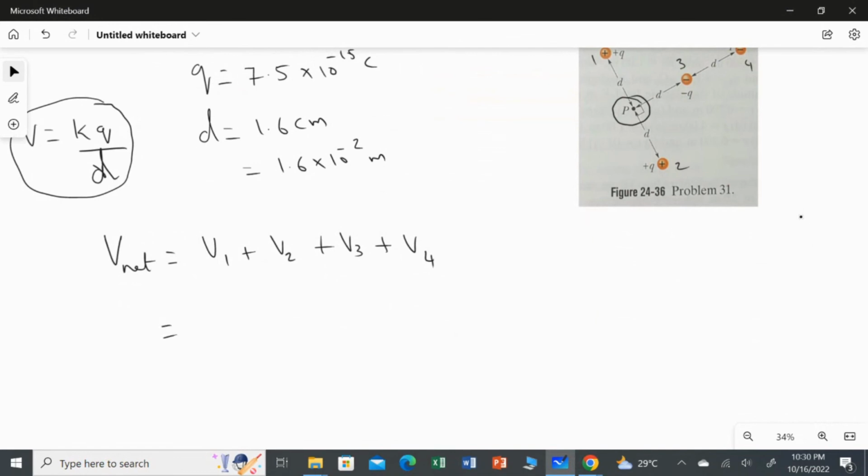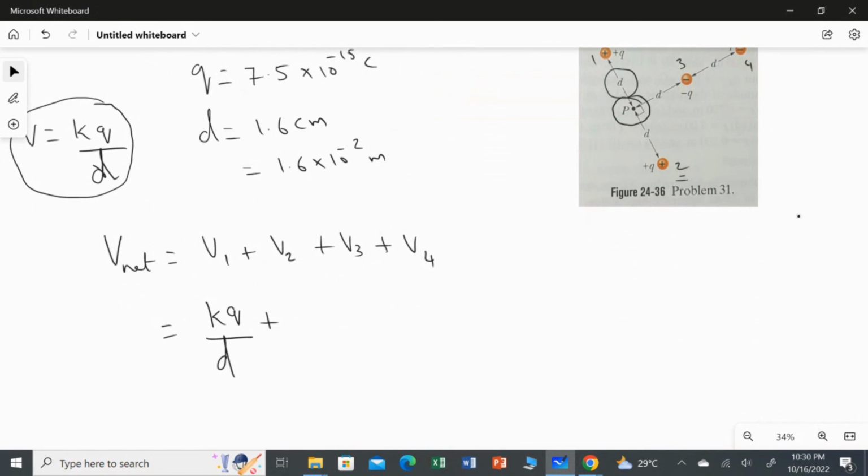For the first charge we have Q. So KQ over, what is the distance between charge 1 and point P? D. Clear? Likewise, let's find the potential V2. V2 is the second charge.